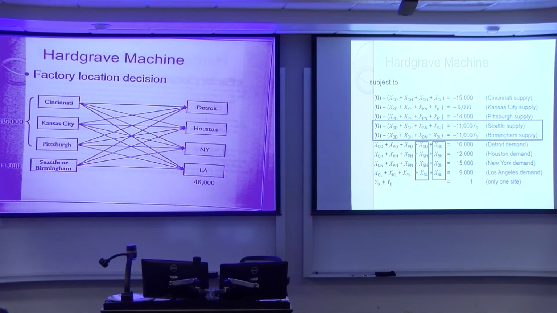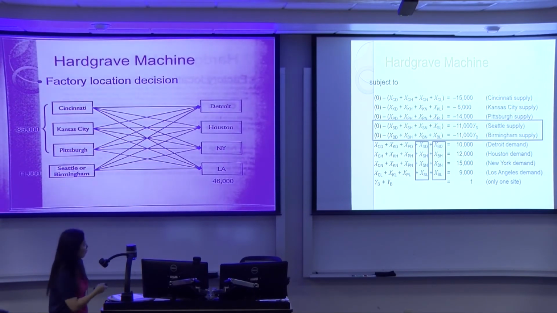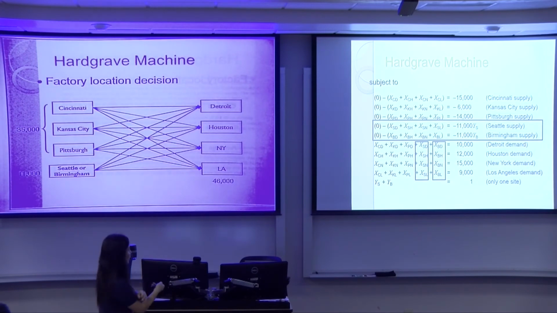Okay, then let's look at the demand nodes. That's for Detroit, Houston, New York, LA. You can see here, you used to only have CD, KD, and PD, right? You only have these 3. But now you're not sure yet if the Seattle plant or the Birmingham plant will be supplying.